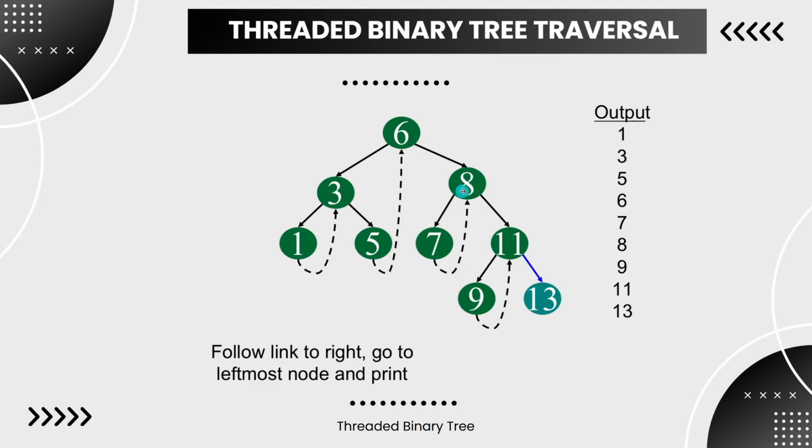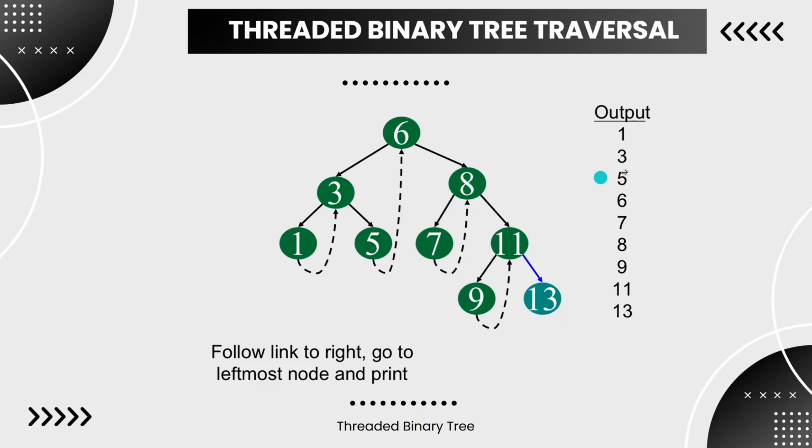Only then we will be able to get the in order traversal, and you know that it is a binary search tree, and so its output should be in sorted form after performing an in order traversal. That is the reason why we add a check condition here, that we take this path and follow this, and then only we mark 8 as visited, and the rest of the things are similar.